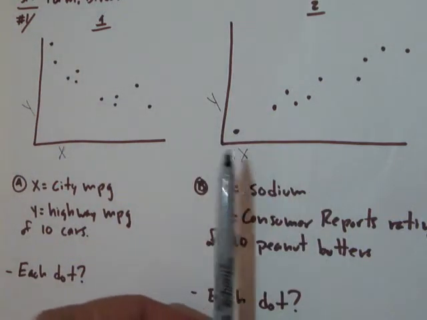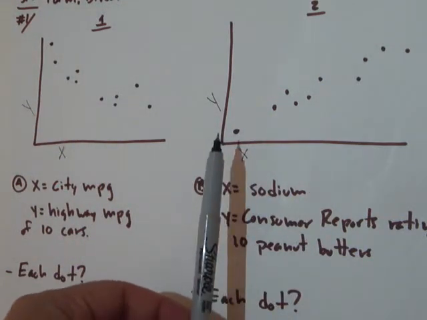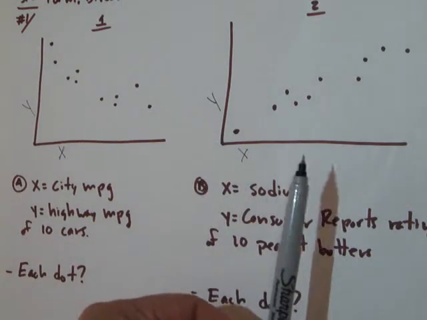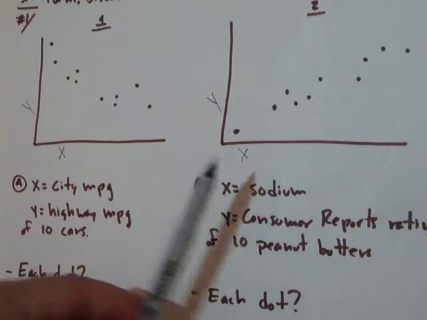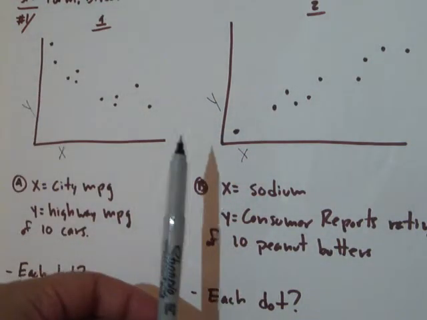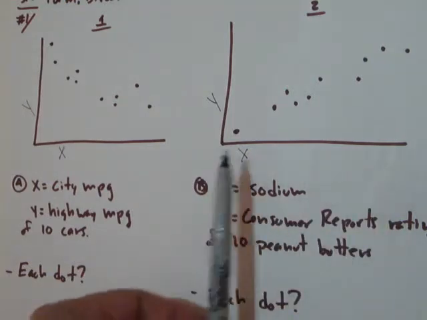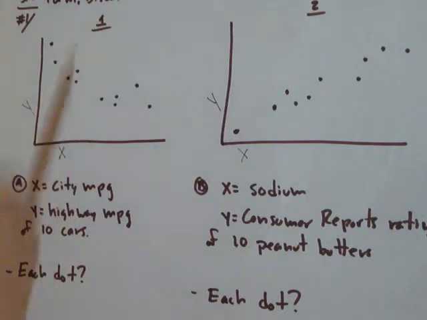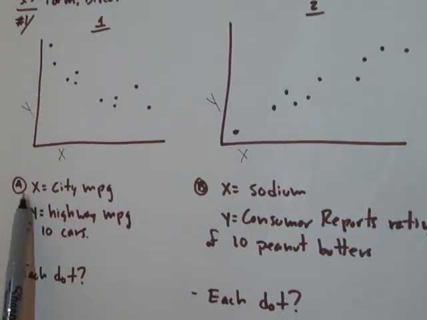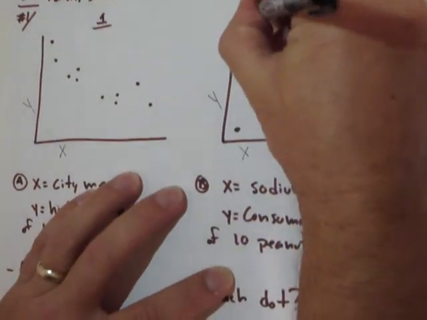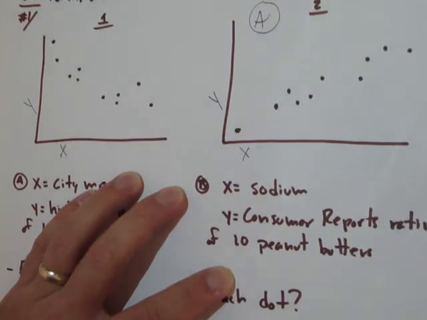Also, if I had very low city miles per gallon, like some kind of a tank or a bus or something like that, it would probably also have very low highway miles per gallon. So as the city miles per gallon increase, I would think that the highway miles per gallon would also increase. So A right here, the miles per gallon, I think would fit better with this scatter plot number 2. So we're going to say A right here.